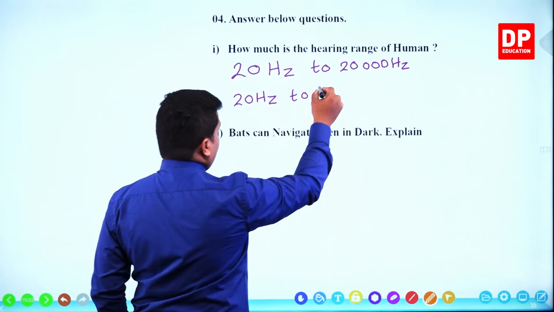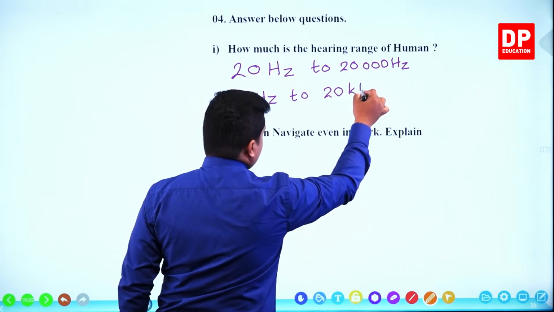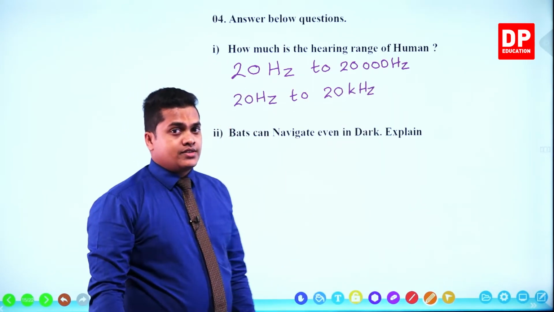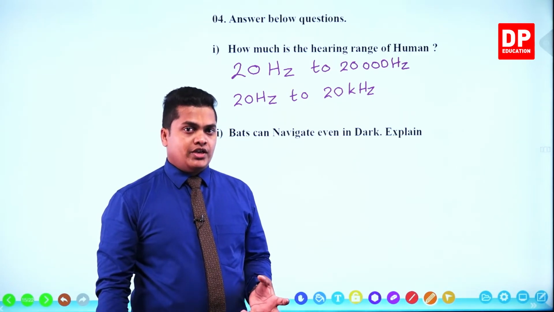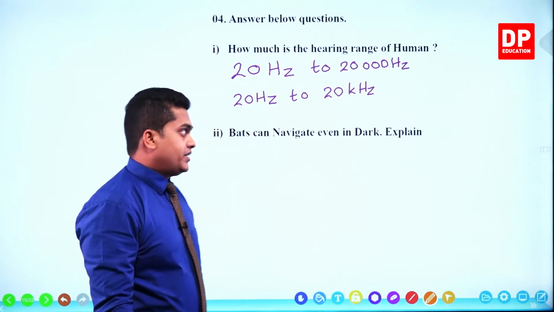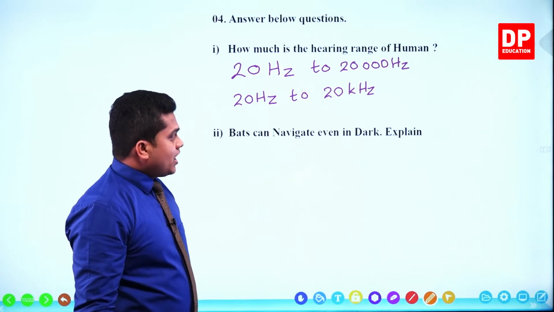So 20 Hertz to 20 kilohertz. Kilo means 1 kilohertz includes 1000 hertz. Okay, right.